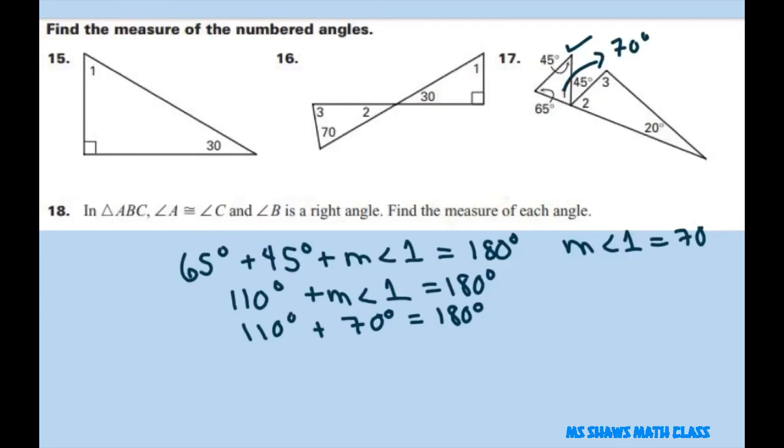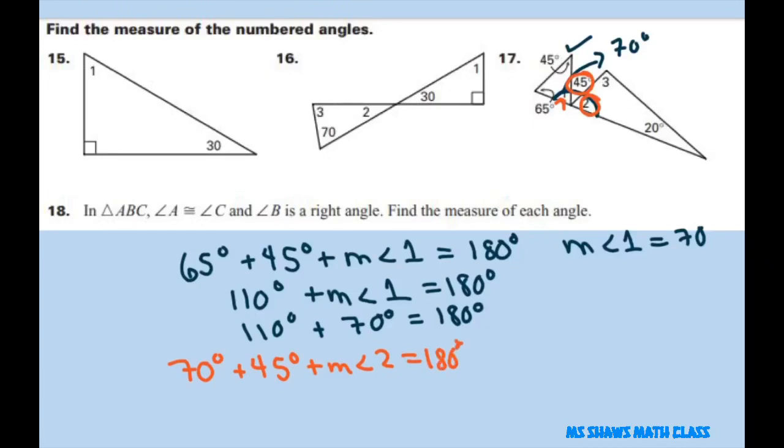Now for these two, I'm going to use my supplementary angle theorem and know that these three angles, this one, and this one, should equal 180. So I'm going to take 70 degrees plus 45 degrees plus the measure of angle 2 equals 180 degrees.